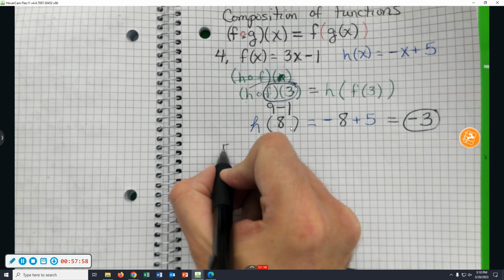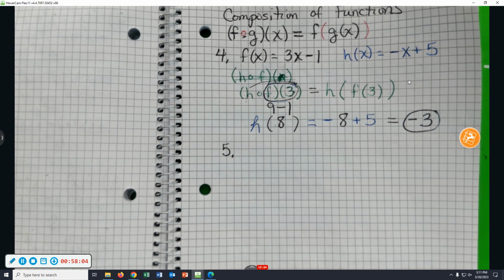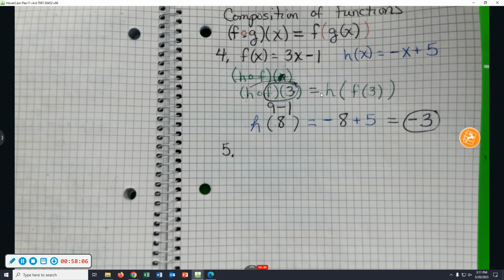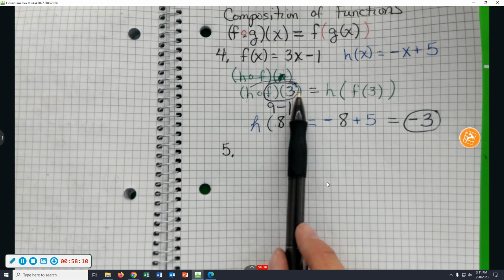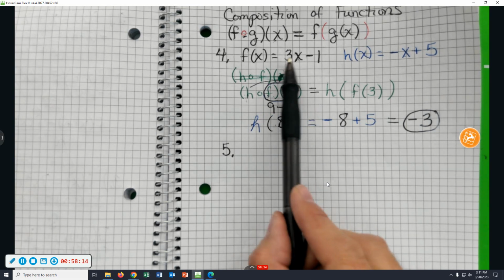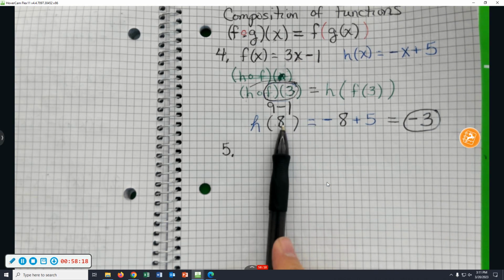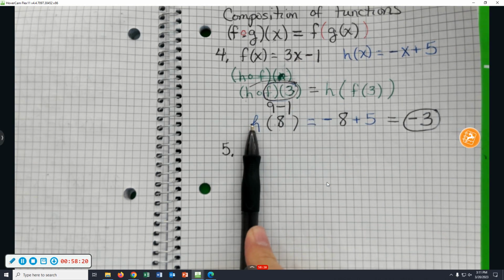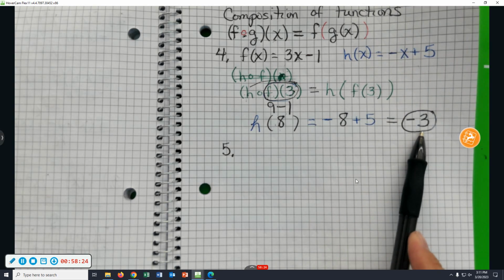Have the h there beside it, but Tony's method seems better, showing fewer algebraic steps, less of the algebraic notation. Students seem to grasp that better. But they've got to know, take this number, plug it into this one. Okay, that's what we're doing here. 3 times 3, 9 minus 1, 8. Take that answer, plug it into h. -8 plus 5, that's -3.